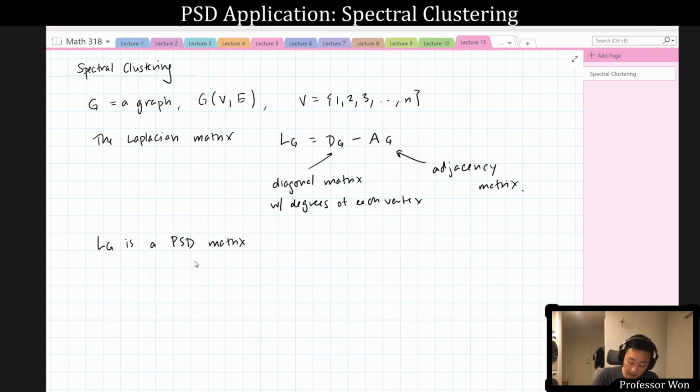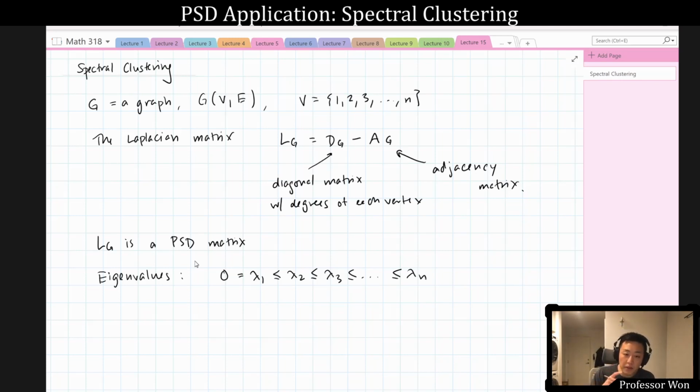So we can list the eigenvalues of L_G. By convention, we list them from smallest to largest. Because it's a real symmetric matrix, it has n real eigenvalues, counting multiplicity.